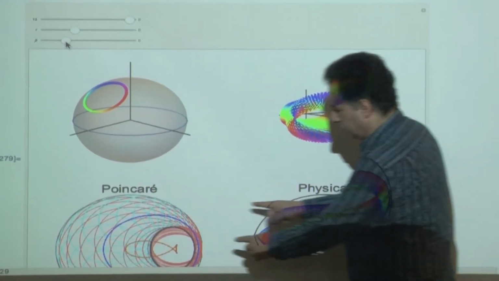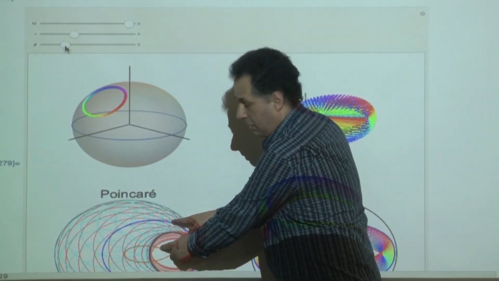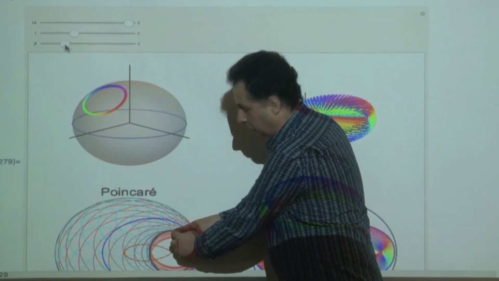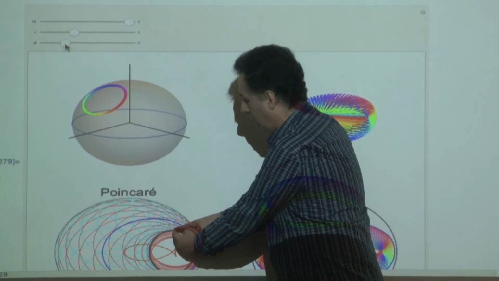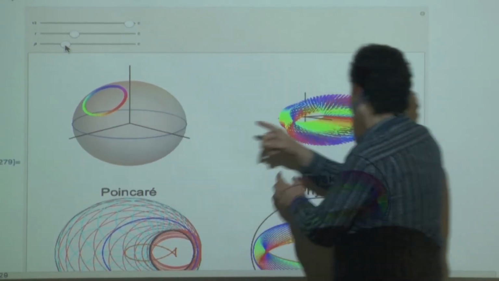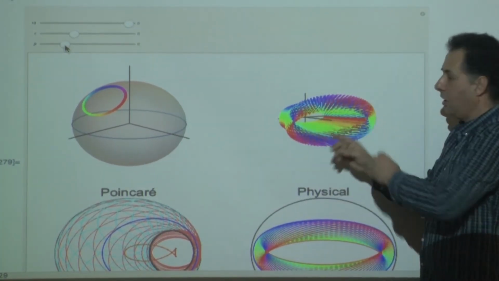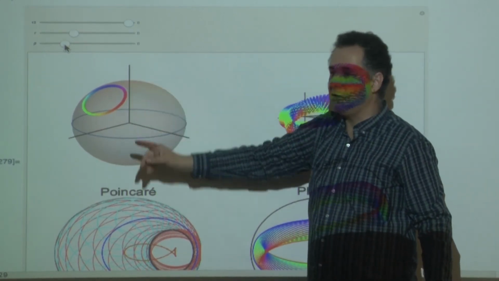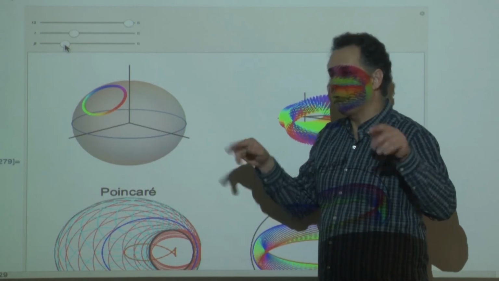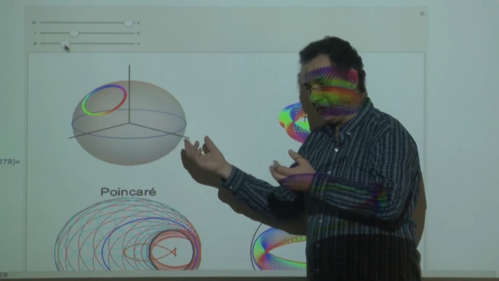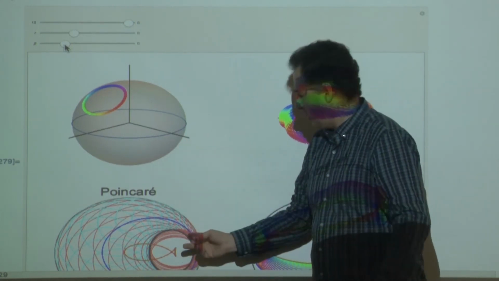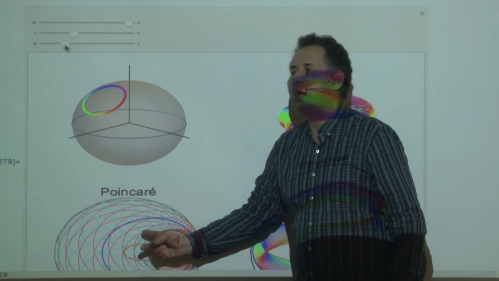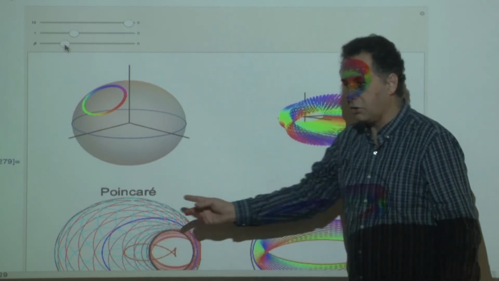Each point on the caustic maps to some points here, and those points I associate with a point here, and that goes to some rays here. Because they have a different height on the sphere, I can associate locally the equivalent of an L, which is not, in this case, discretized. I can associate a local angular momentum with the caustic.